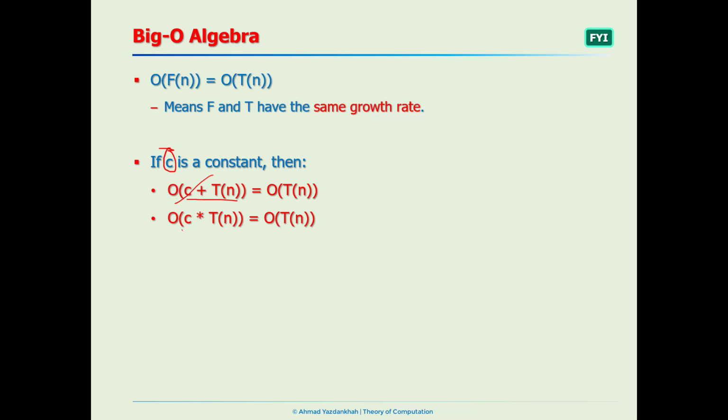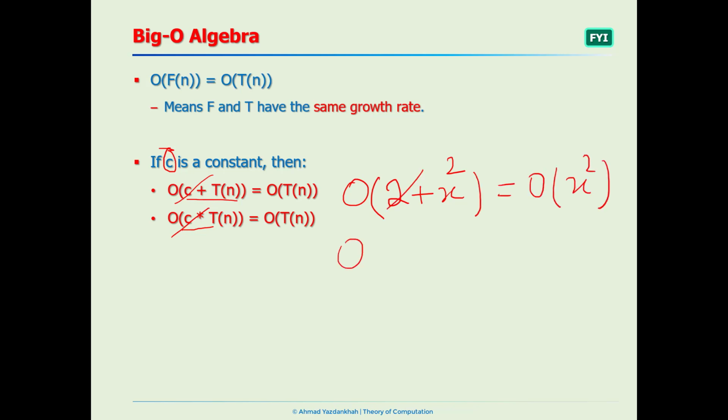And even if we multiply the t of n by c, we can eliminate that as well. So in other words, for example, big O of 2 plus x squared is equal to big O of x squared, or even big O of 5x squared is equal to big O of x squared. Based on the definition that we gave you, these make sense.